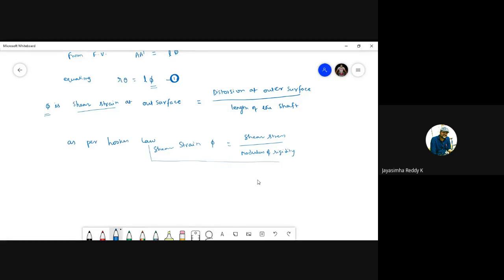Everyone knows this, right? Stress by strain is equal to modulus of rigidity, we write.